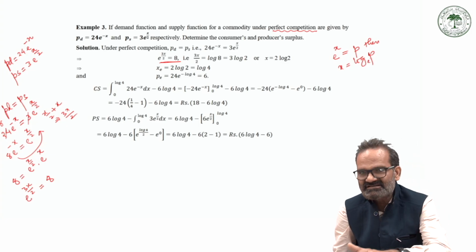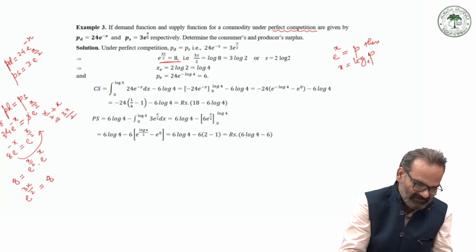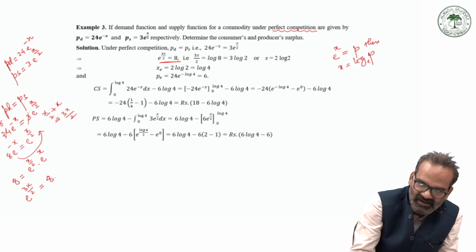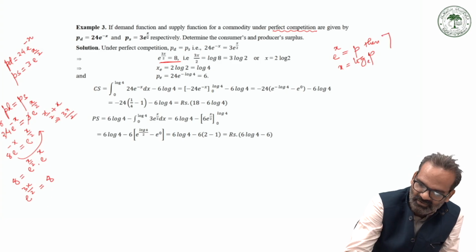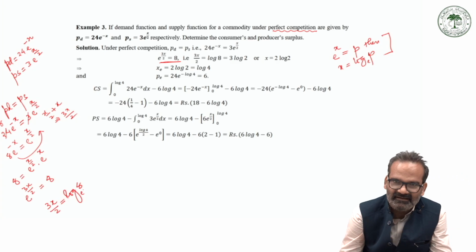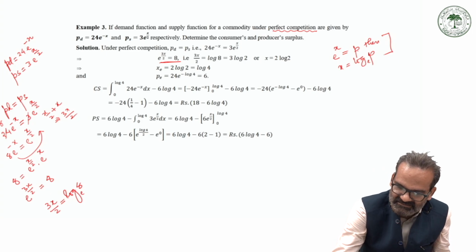Now we will use this definition of exponential or logarithmic function here. So this is e raised to the power 3x by 2 is equals to 8. Here in place of x what we are having? 3x by 2, and in place of p what we are having? 8. So using this formula, this can be written as 3x by 2 is equals to log 8 base e. Clear? Let me explain again. E raised to the power x is equals to p.